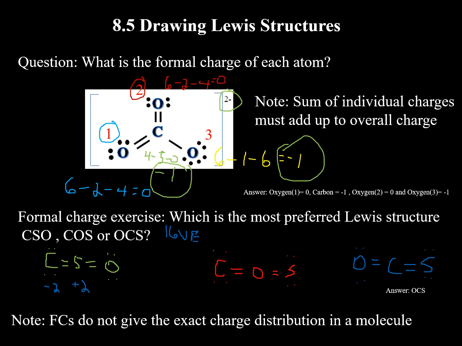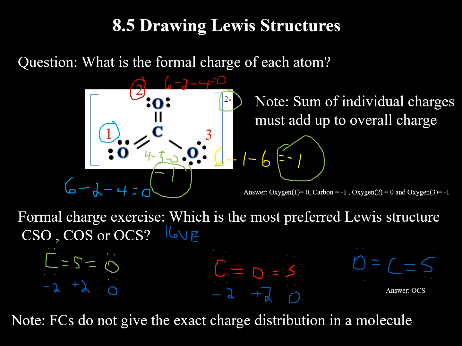And on the right, 6 minus 2 minus 4 is 0. For the middle compound in red, we have here again -2, +2 for the oxygen in the middle, 6 minus 4 minus 0, and we have 0 on the right.